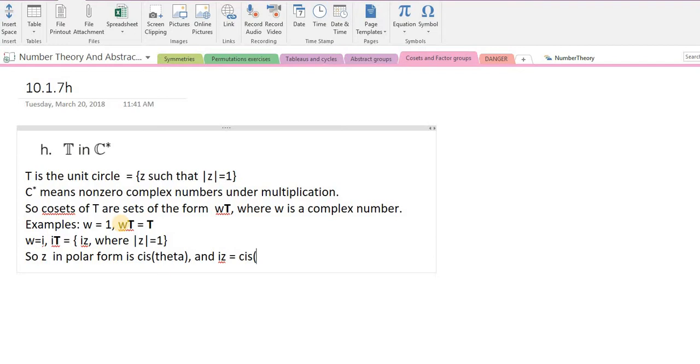And what about the angle? Not 90, we don't use degrees. So pi over 2. So iz is cis pi over 2 times cis of theta. So what's that equal to? What happens when you multiply two cis's like that?